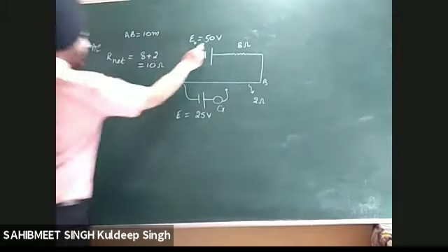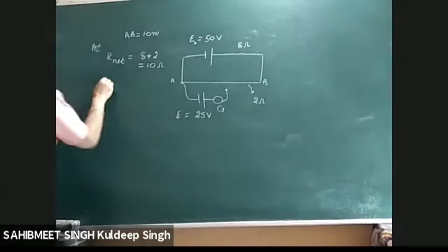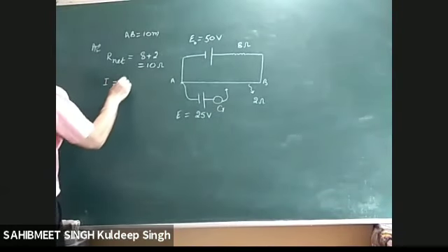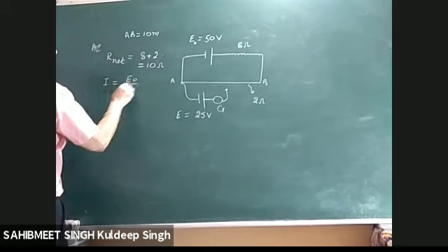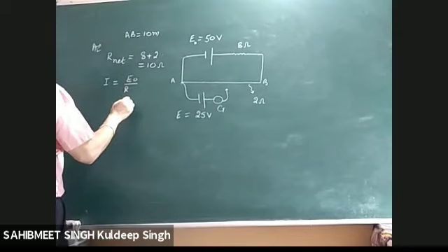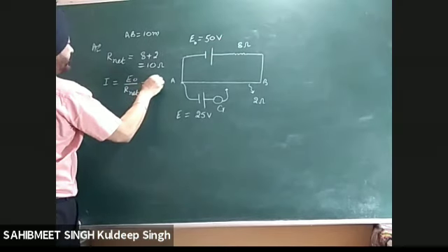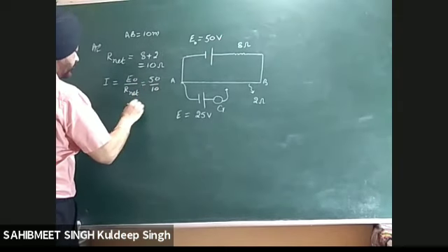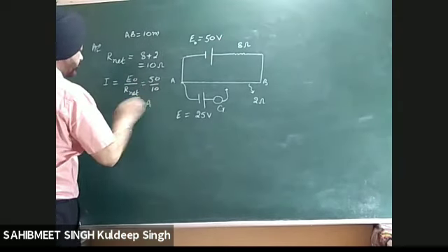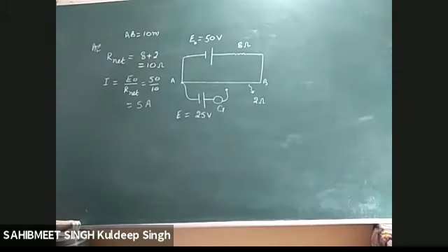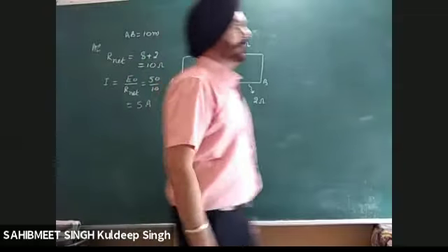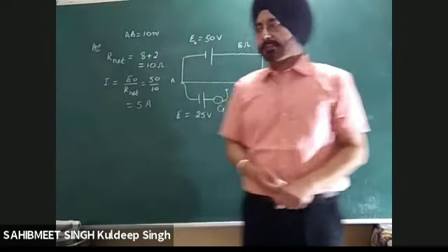So how much current will this cell give? Current in the circuit, E naught by R net, that is 50 by 10, equal to 5 ampere. So 5 ampere is the current passing through the potentiometer wire.